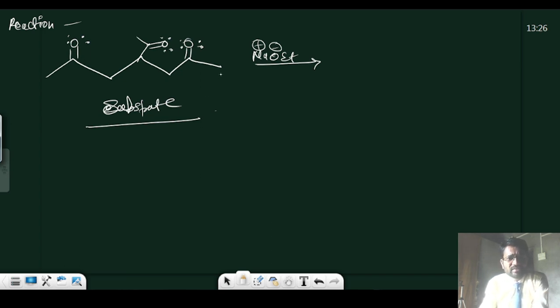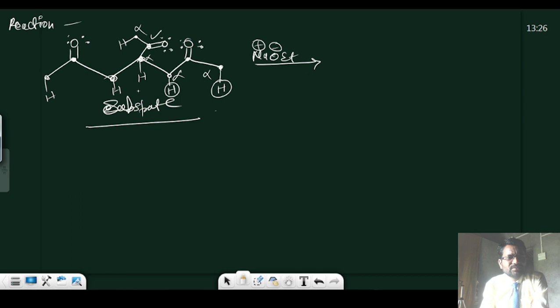As compared to this carbonyl, this is alpha carbon, and this is also alpha carbon, and each alpha carbon has one hydrogen. Alpha hydrogens are more acidic in nature. You know it very well.